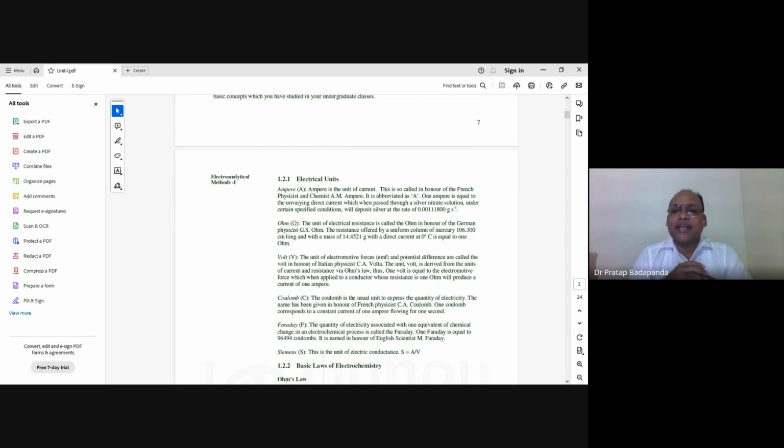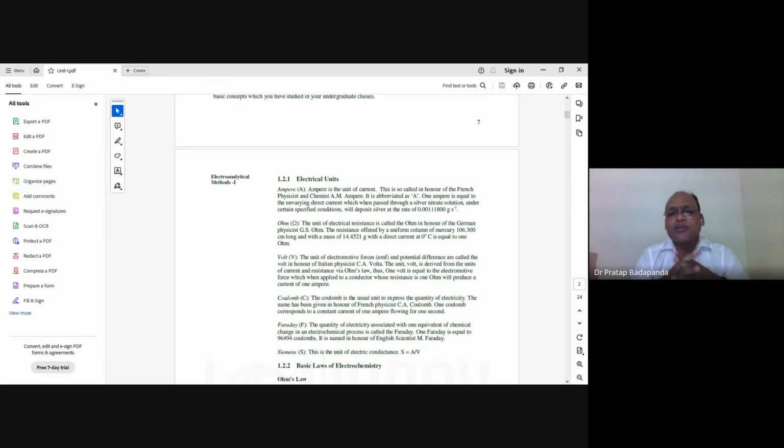The resistance offered by a uniform column of mercury, 106.300 centimeter long, with mass 14.4521 gram, with direct current at 0 degrees Celsius, is equal to 1 ohm, right? So you have to memorize this value also.